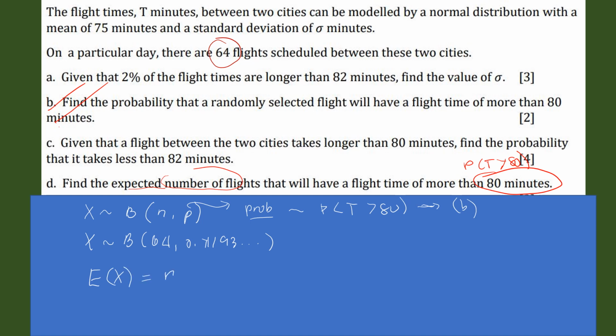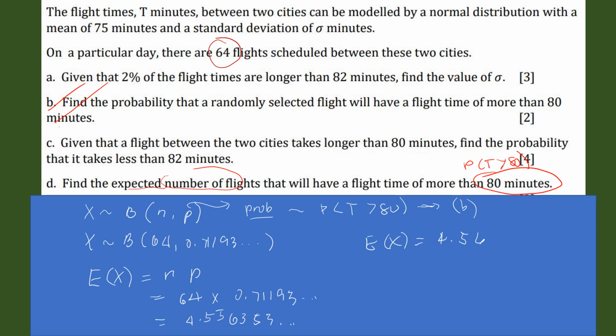Okay, so we use the formula for expectation, which is np. We'll just multiply 64 by 0.71193 and so on, and we shall get 4.556353 and so on. That is equal to 4.56 in 3 sig fig, 4.56 flights.